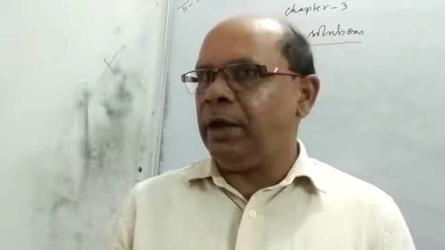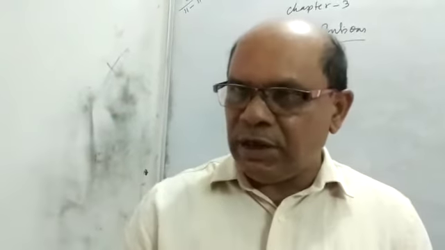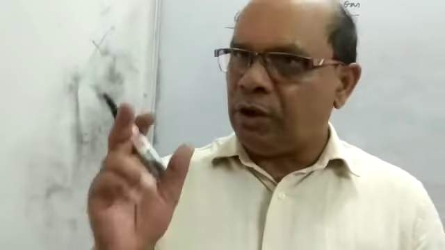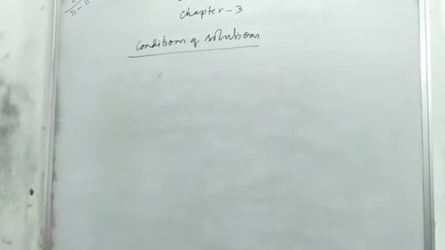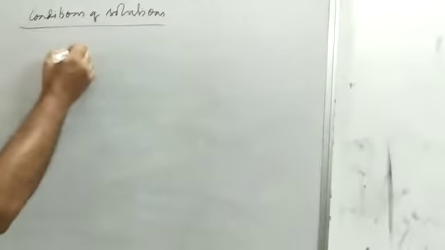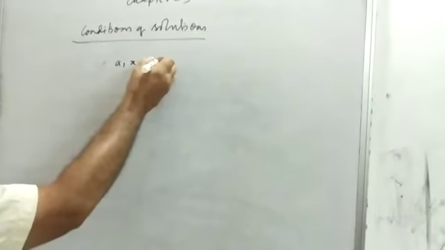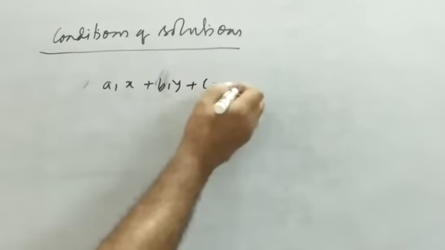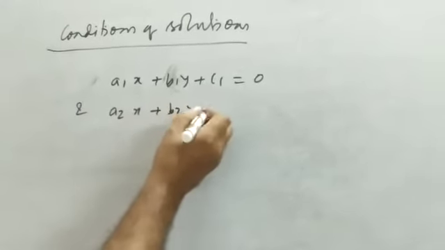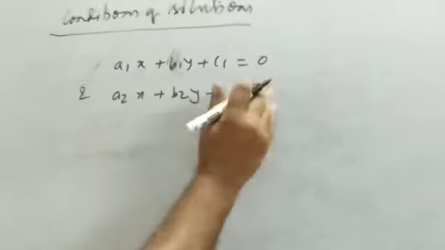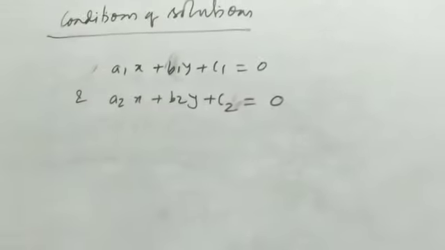If you justify, then we can say that yes, sometimes a pair of linear equations may have a solution or may not have a solution. Also one condition you will get. Now suppose 2 linear equations, a1x plus b1y plus c1 is equal to 0 and a2x plus b2y plus c2 is equal to 0.